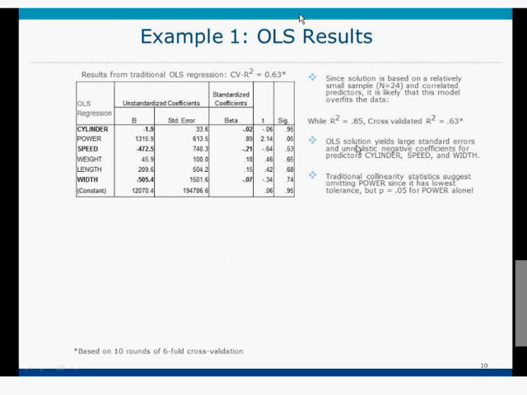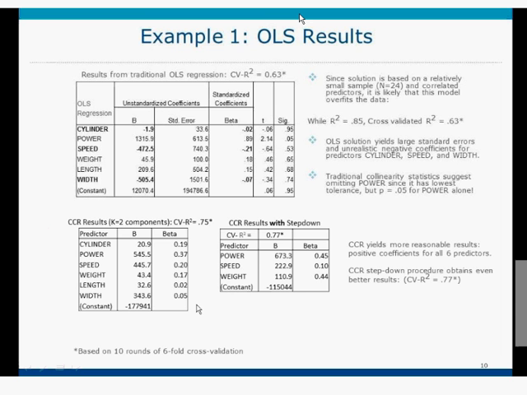And if we requested traditional collinearity statistics, which include the tolerance, what we would see here is that the predictor with the smallest tolerance is power. And it's suggested that in cases where you do have collinearity problems, as in this example, what you should do is eliminate the variable that has the lowest tolerance. So here, it suggests you'd be eliminating the only variable that's significant.